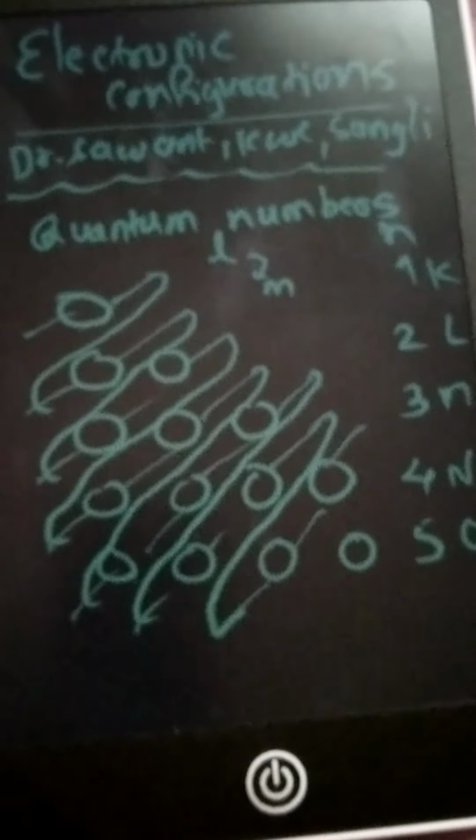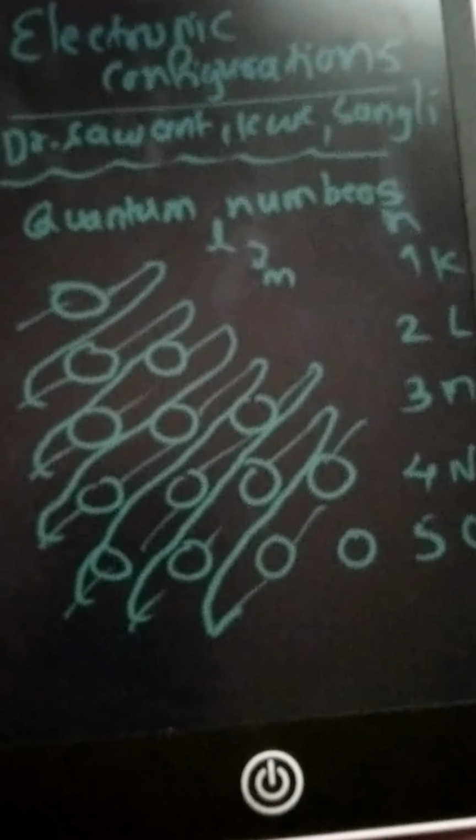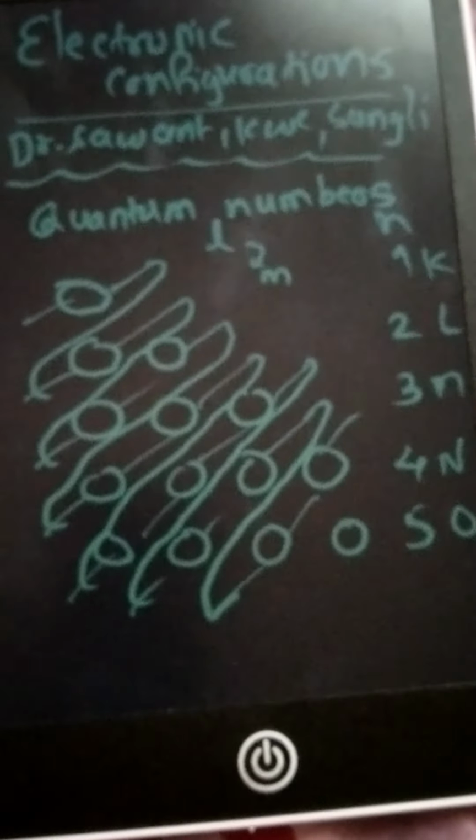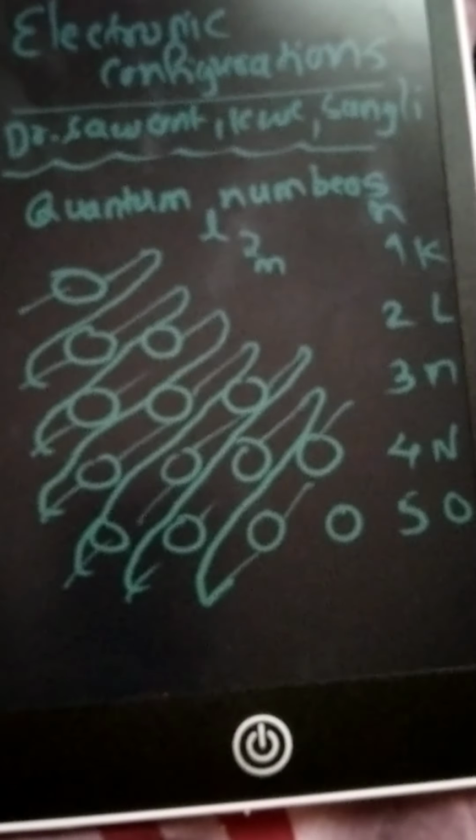Total 117 elements are there, 92 natural and the others synthetic, in the blocks S, P, D, F.